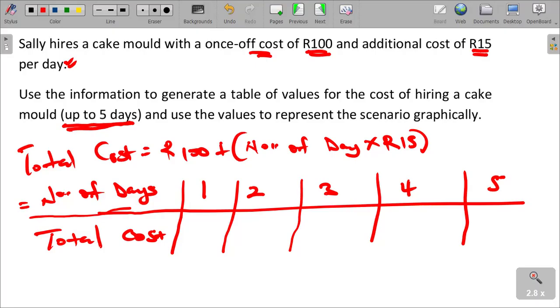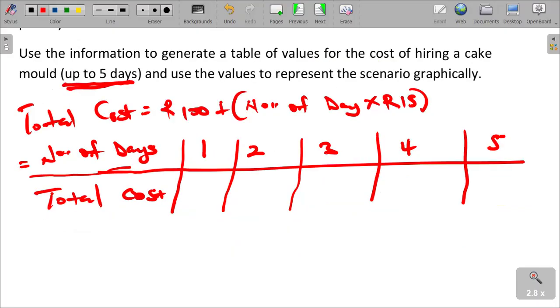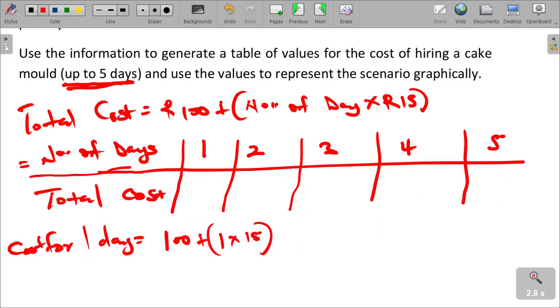So when it is going to be hired for 1 day, I'm going to quickly calculate it with you right now. Cost for 1 day is equal to 100 rand plus number of days times 15 rand, which is plus 1 times 15 rand.